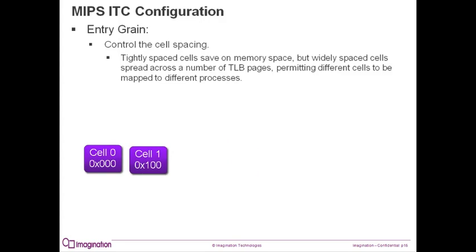The remaining two 256 byte regions starting at offset 200 and 300 do not map to any storage. Any access to an address that does not map to an ITC cell will result in undefined behavior.